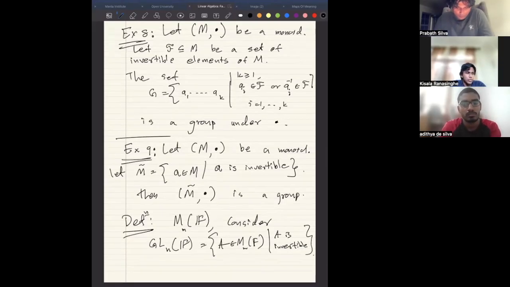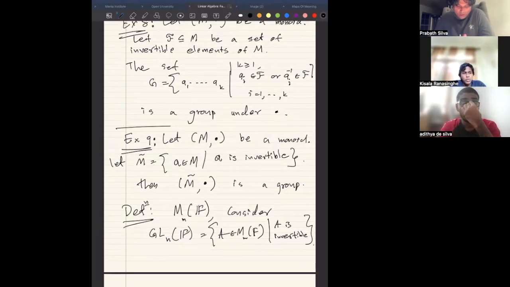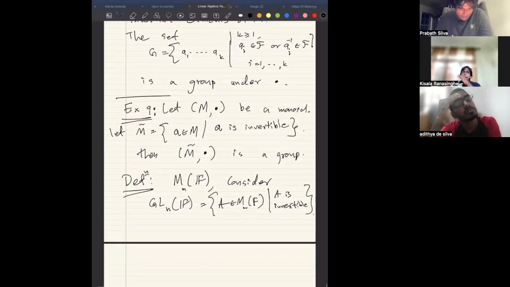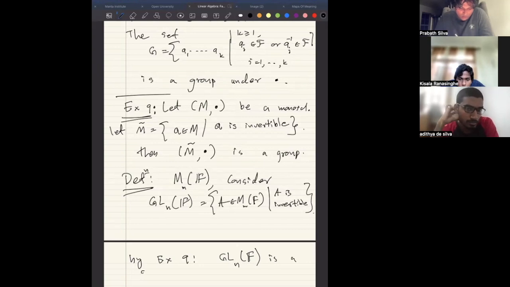And so by exercise 9, you get GLn(F). This thing is a group, because this is a monoid, and you're picking up all the invertible elements, that would be a group.